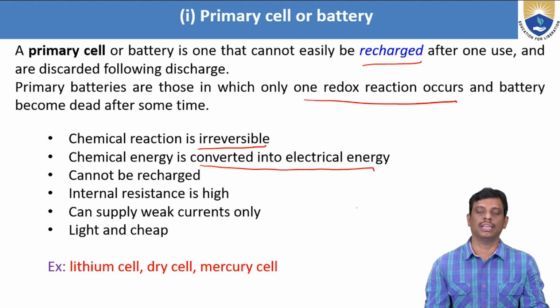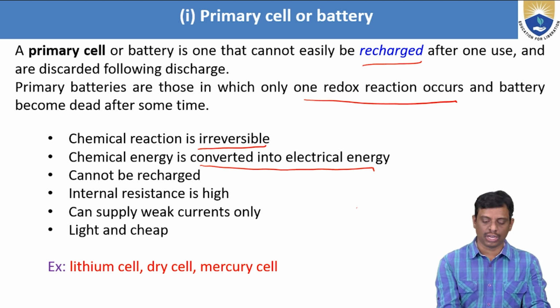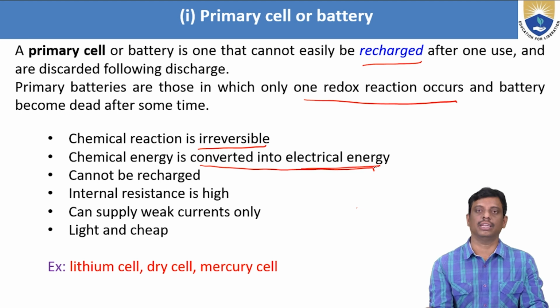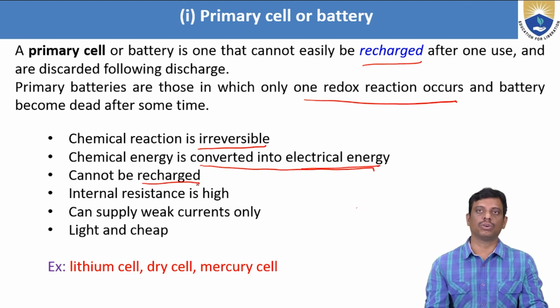But an electrolytic cell uses electrical energy to drive a chemical change, whereas an electrochemical cell converts chemical energy to electrical energy. It cannot be recharged, because primary batteries are not recharged.